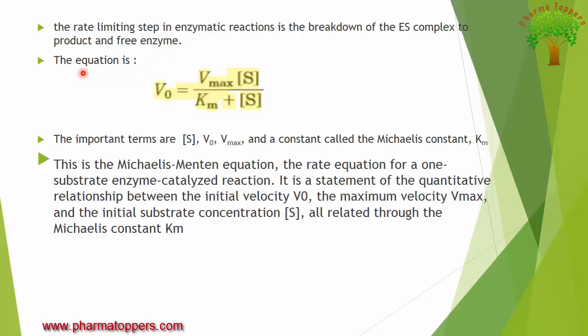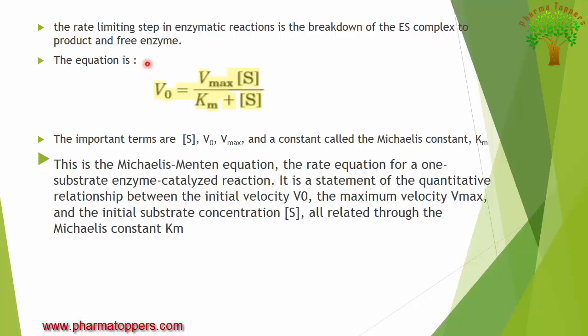And the equation is V0, the initial velocity, equals Vmax, the maximum velocity, times substrate concentration divided by Km plus substrate concentration, where Km is the Michaelis-Menten constant. This whole equation, V0 = Vmax[S]/(Km + [S]), is the Michaelis-Menten equation, the rate equation for a one substrate enzyme-catalyzed reaction.